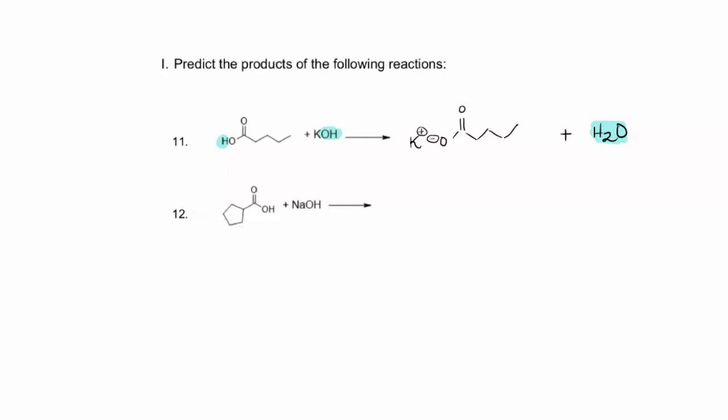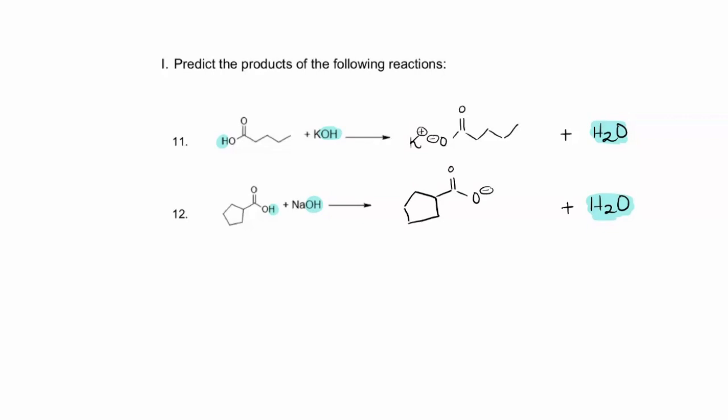Let's now predict the product for reaction 12. Similarly to what we saw in reaction 11, the OH in my base will be bonding to the hydrogen in the carboxylic acid, and that forms water. Next, overall, our oxygen in the carboxylic acid becomes negatively charged.